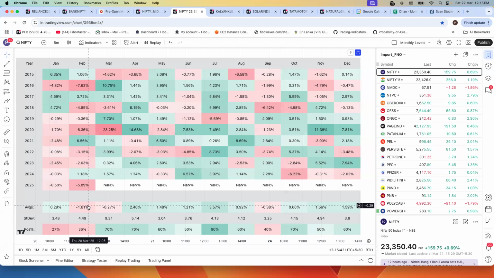That means the selling side should get over in the first two weeks. After the 12th, there should be buying, because March always tends to be a positive trend. It's not a negative trend. Only in the COVID time was it negative, but the rest of the years it's all trending towards the positive side. So if it's 2% or 3% downwards, I can expect 6% on the upside, which means more than 3% I'm expecting.